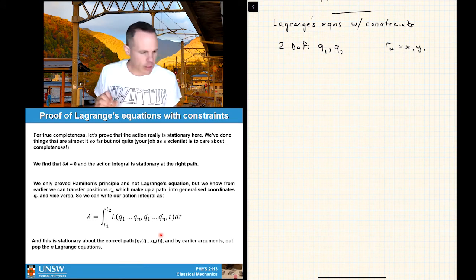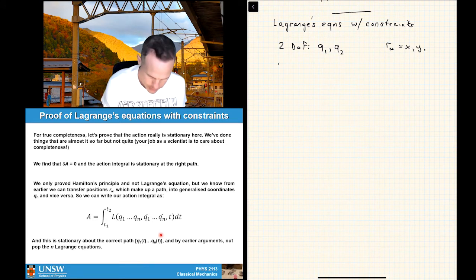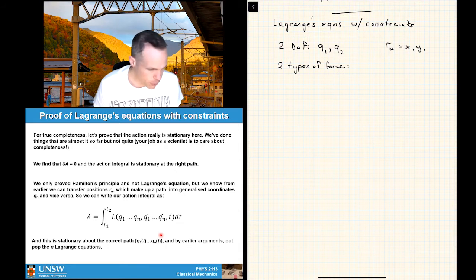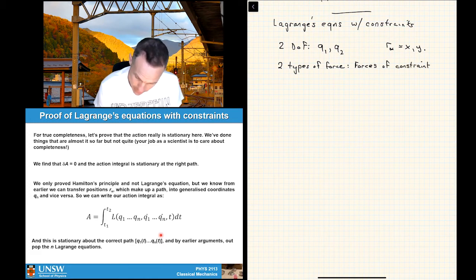There's 2 types of force on the particle as well. The first one is forces of constraint. And in this particular case, it's the normal force.